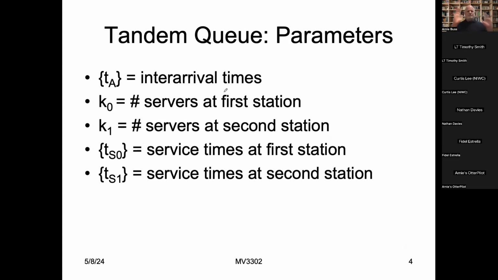Now you may be more adept at this than I am, but caveat emptor. Okay, so the inter-arrival times, we have the customers still coming in from the outside. And again, that's an assumption that at one point we're really going to take a look at.